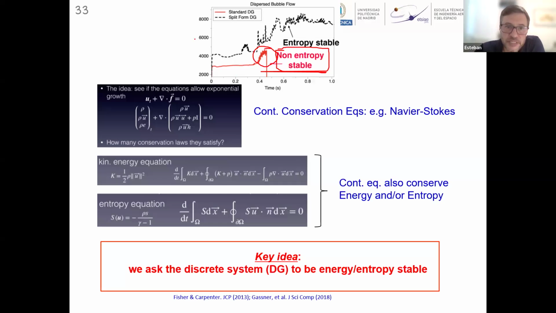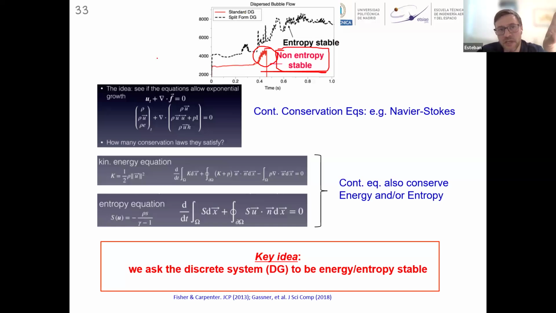Now, if you use an entropy or energy conserving formulation, what you're doing is not allowing the solver to build up energy or entropy in a non-realistic way. This prevents the solver from blowing up, right? And with this, we get stable solutions that can last till the end. How do you do this?